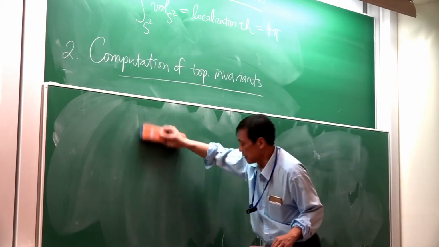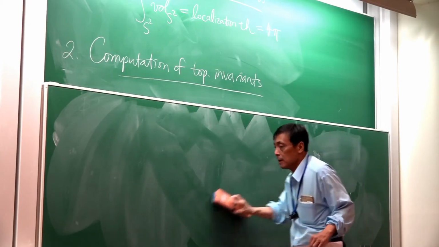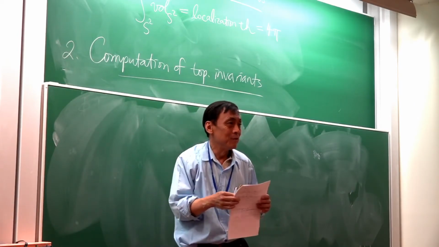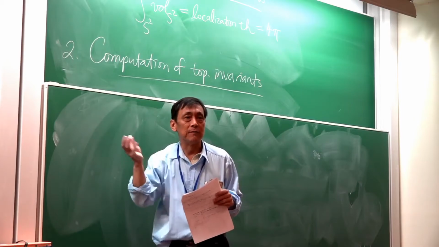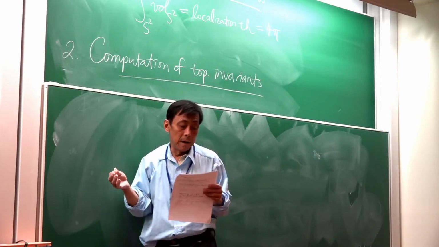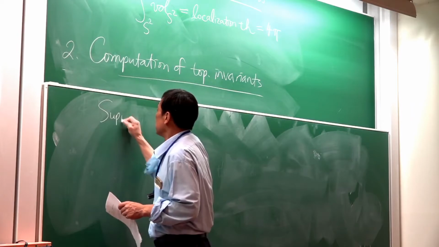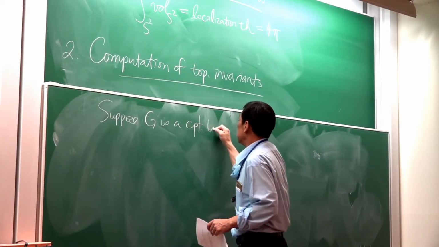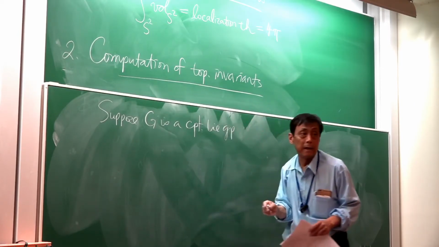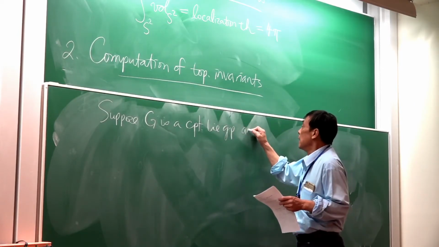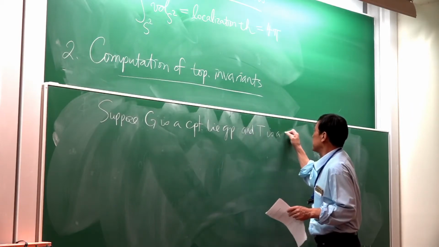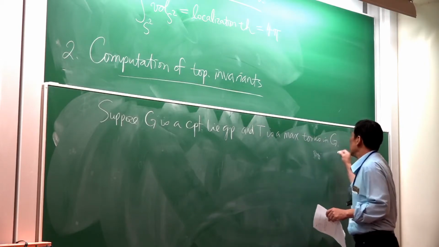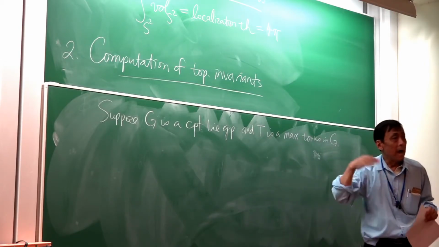Now, many interesting spaces in geometry are homogeneous spaces. Homogeneous spaces are the quotient of a Lie group by a closed subgroup. So suppose G is a compact Lie group, and T is a maximal torus in G. That's a torus of the highest dimension.